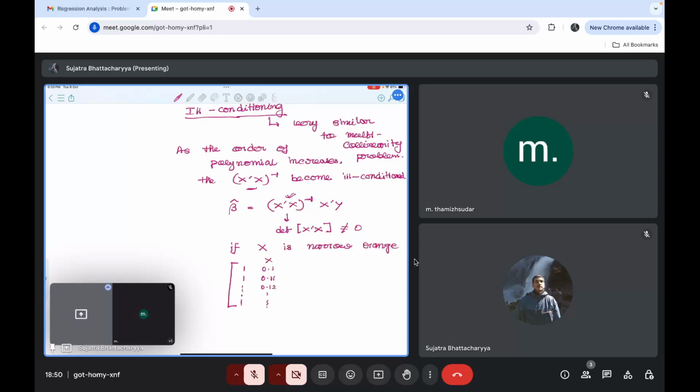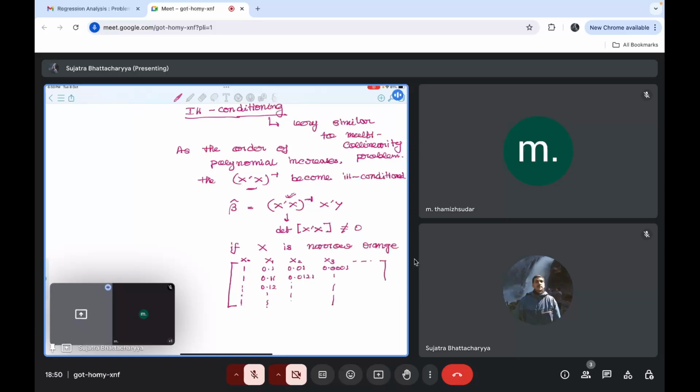Remember, this is X0, this is X1. X2 is nothing but x square. Don't confuse it with anything else. X2 is x square. So what will it be? 0.01, then 0.0121 and so on. Next, x3 is 0.0001 and so on.